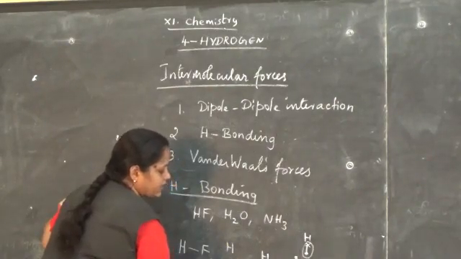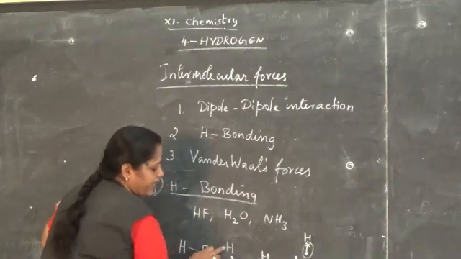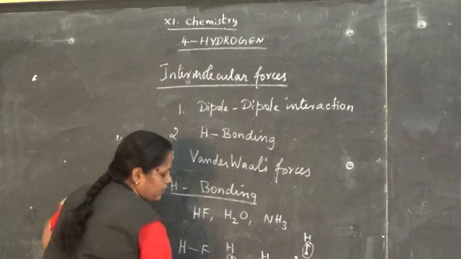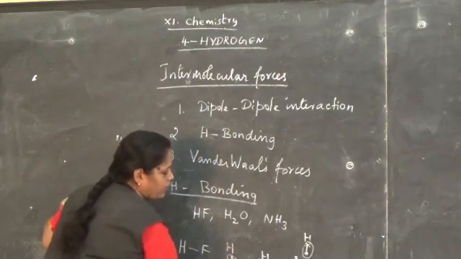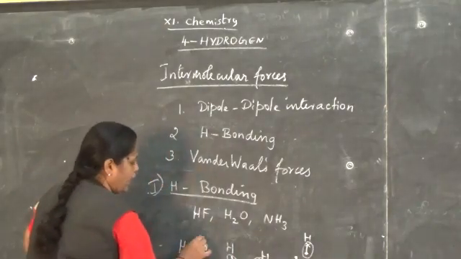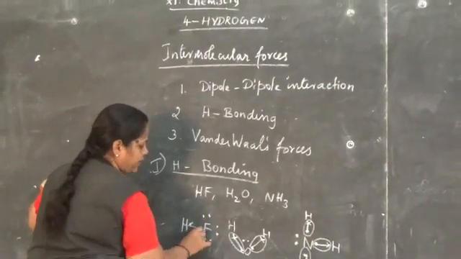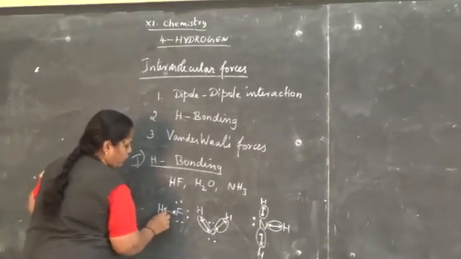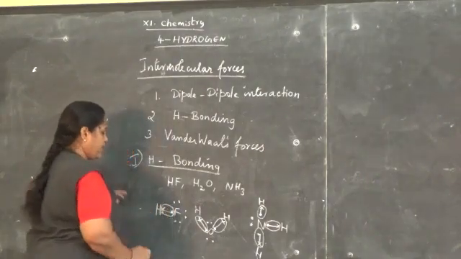Valence electrons on oxygen are 6 and hydrogen carries 1 electron. By sharing of electrons between hydrogen and oxygen, they form 2 covalent bonds. Here around fluorine, valence electrons are 7. Among these 7 electrons, 1 forms a covalent bond with a hydrogen atom.